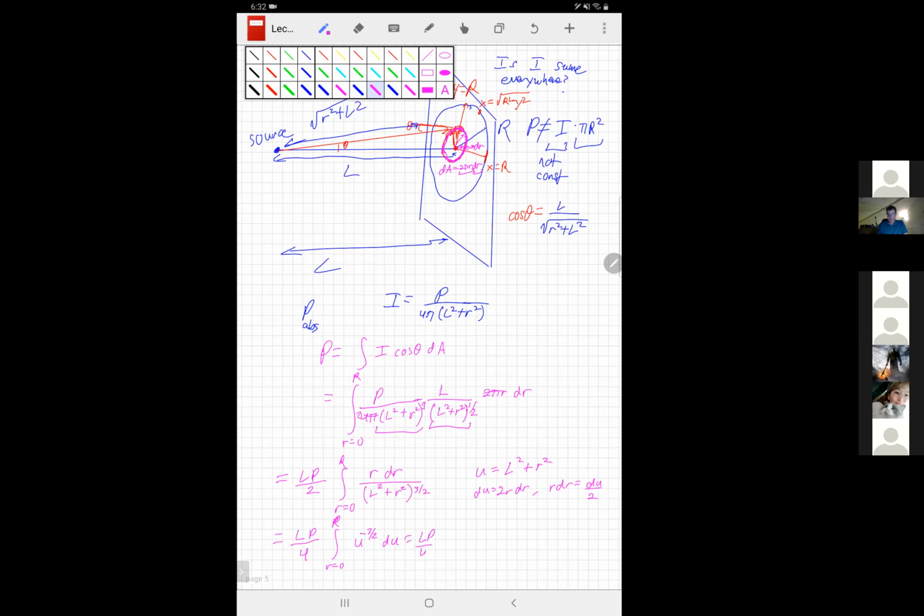Whenever we integrate a power, we add 1 to the power. And so we're going to have u to the minus 1/2 evaluated from r equals 0 to big R. But we also need to multiply by -2, because when we take the derivative of u to the minus 1/2, we need a -2 to cancel out the minus 1/2. So we just get u to the minus 3/2.